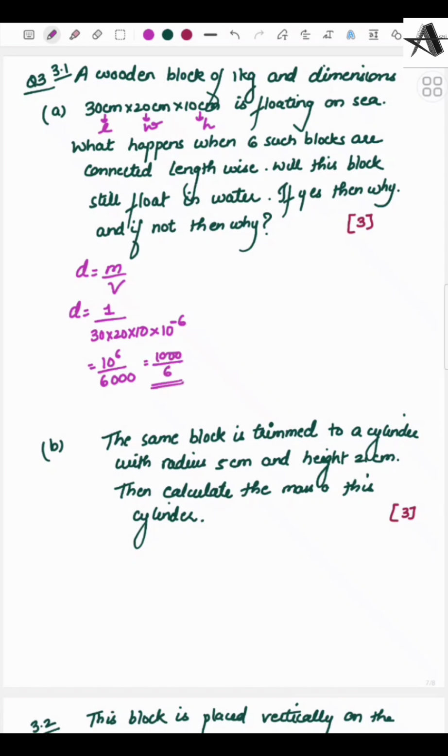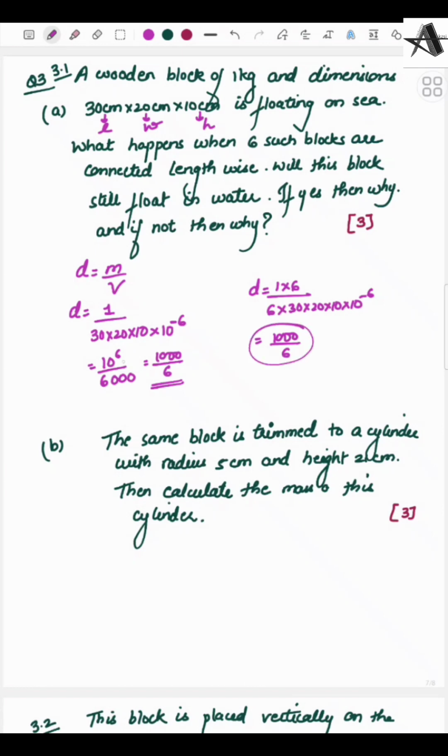This is our density. Now if six such blocks are there, what will happen? The mass will be 6 times, 1 into 6, and the volume will also become 6 times 30 into 20 into 10 into 10 to the power of minus 6. So you can see, if the mass is increasing by a scalar quantity, the volume is also increasing by the same scalar quantity, and ultimately the answer comes out to be 1000 over 6.